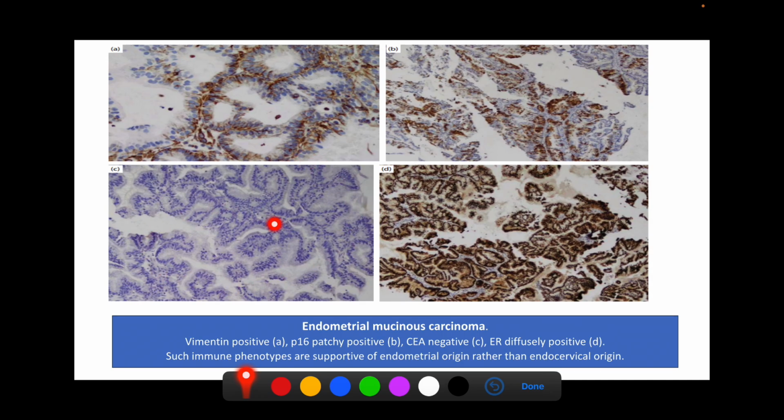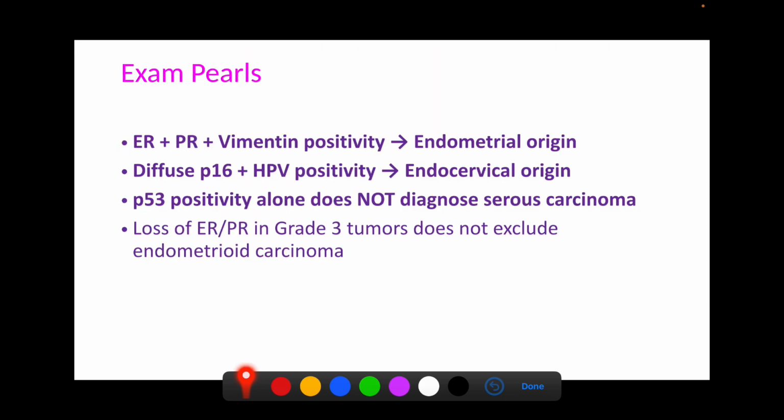CEA is totally negative, suggestive of endometrial origin, and ER is also diffuse positive. So this immunophenotype supports the endometrial origin rather than the endocervical origin. So it is important to remember: ER, PR, vimentin positive, endometrial origin; P16 diffuse and HPV positivity, endocervical origin.